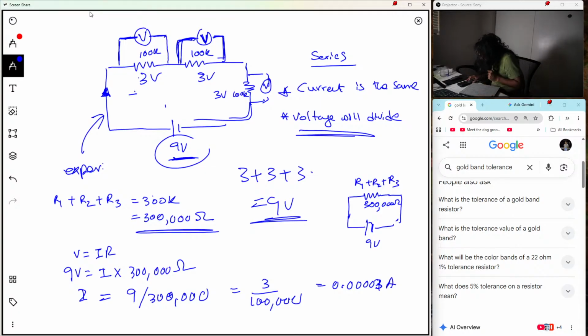Is it correct? I just want to check that, right? 9 divided by 300,000, 1, 2, 3. Alright, 4 zeros, yeah, right? If it is in microamperes, multiply by 10 to the power 6, right? It is like 30 microamperes.